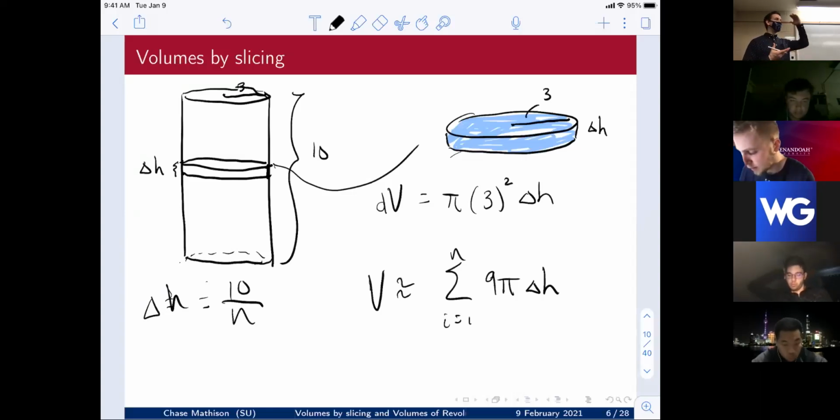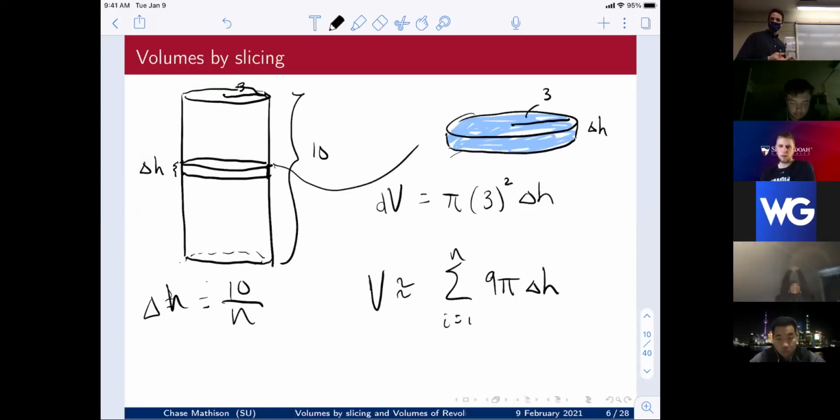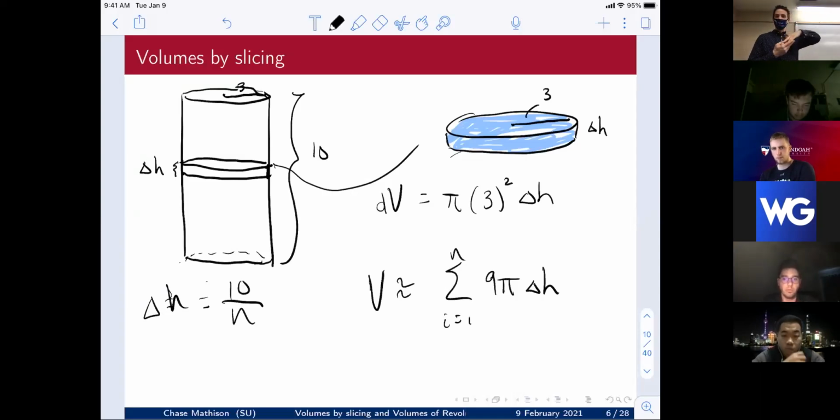Well, I've got a whole big height of 10. I'm using n of these slices, where n we're going to let go off to infinity. Again, here it doesn't matter, but in general it will. But to find delta H then, how big do my slices need to be? Well, I take the big length of 10, divide it by the number of slivers I'm using. That's how big delta H needs to be.